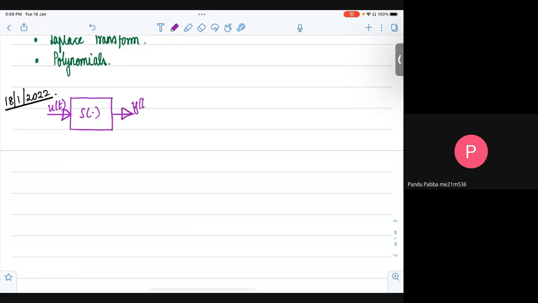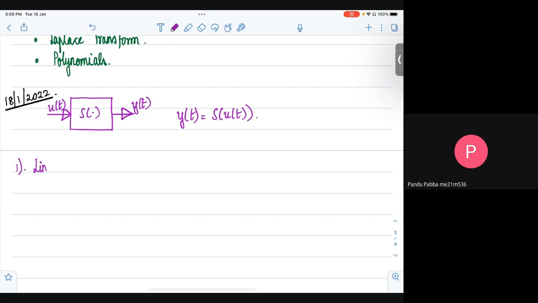So that is what our system is. We are essentially going to look at different classifications of these systems. Okay, so as we already know, we have Y of t to be some S of U of t. Okay, so that is what our mathematical characterization is.